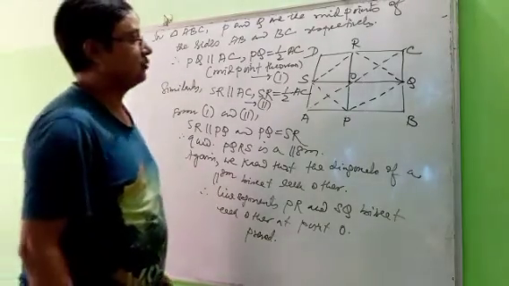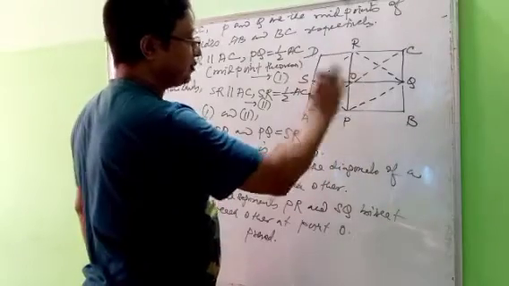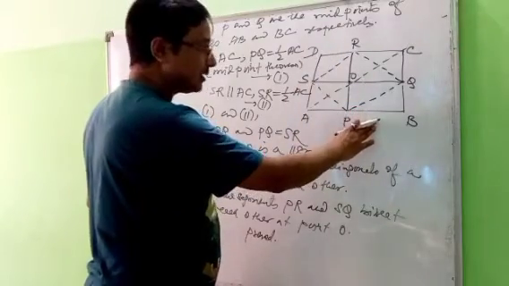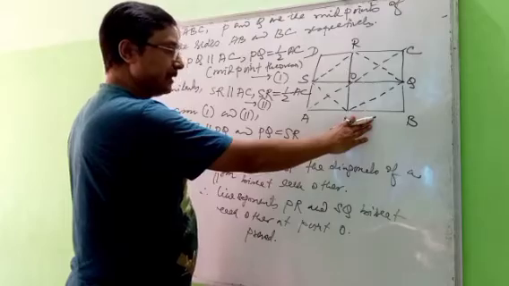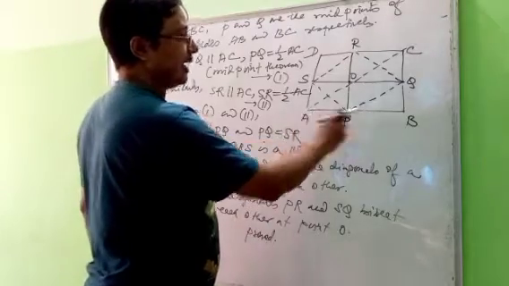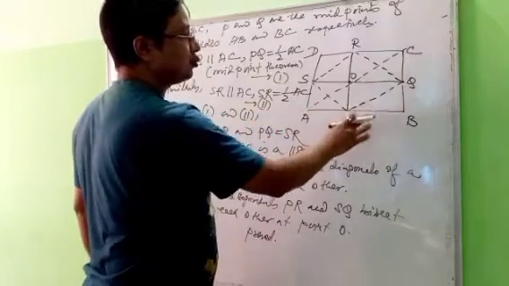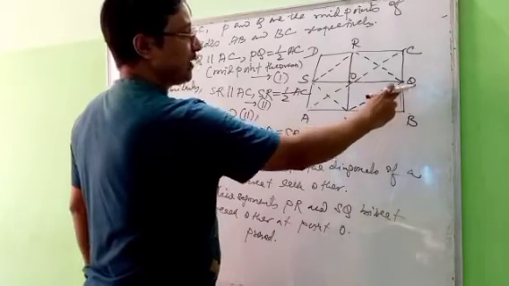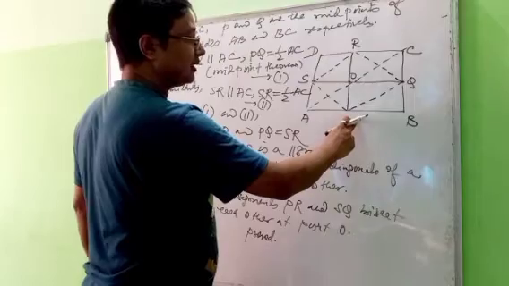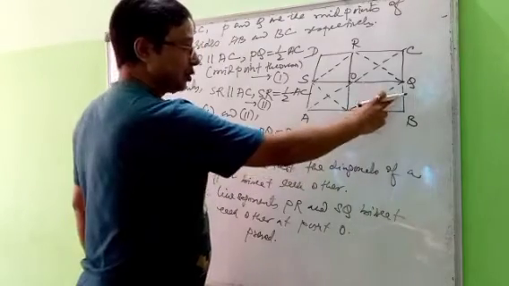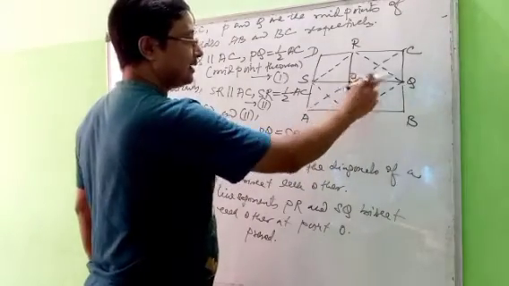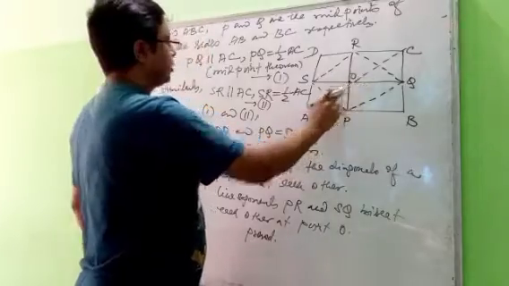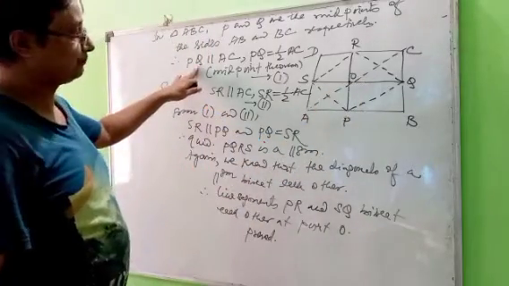So first, what you have done, you have used the midpoint theorem. That is, you have taken the triangle ABC, where on the two sides you have got the midpoints P and Q. So by joining these midpoints, you got the line segment PQ. So that will be parallel to the third side and is half of it. So you have got the first one.